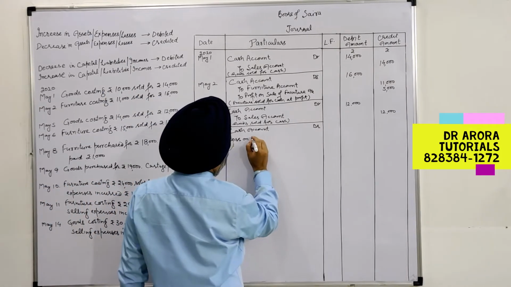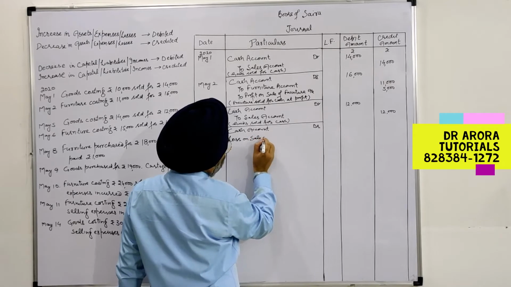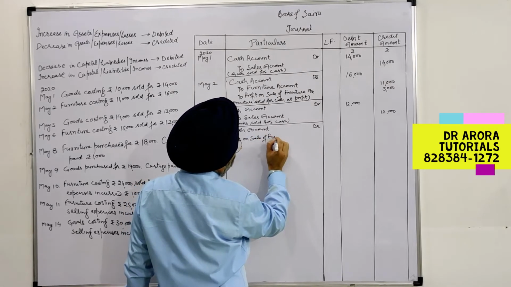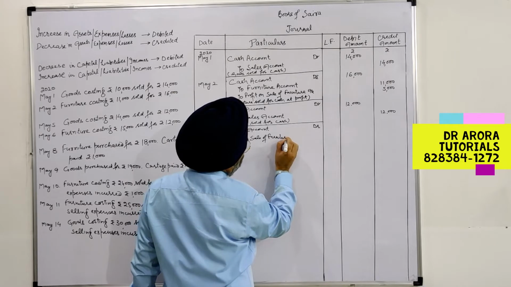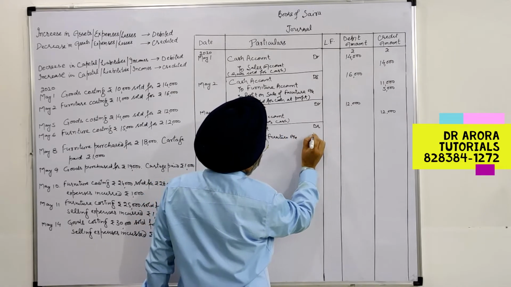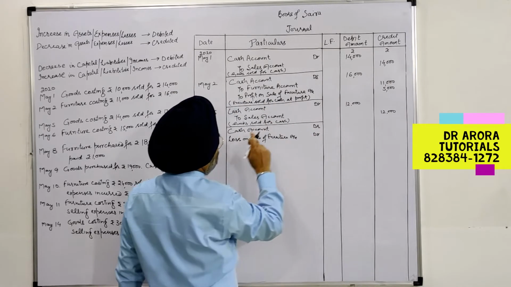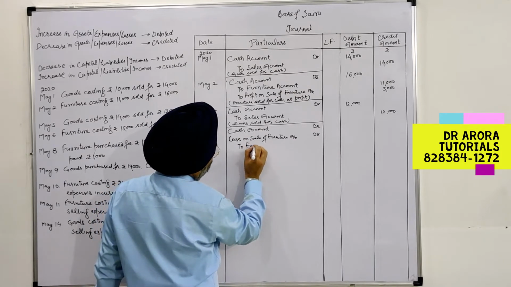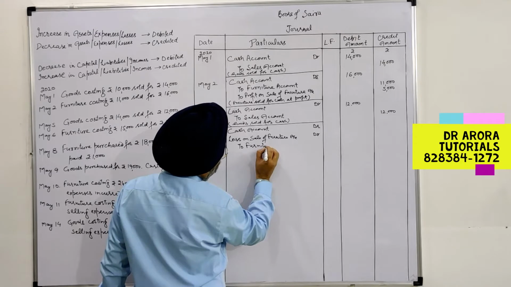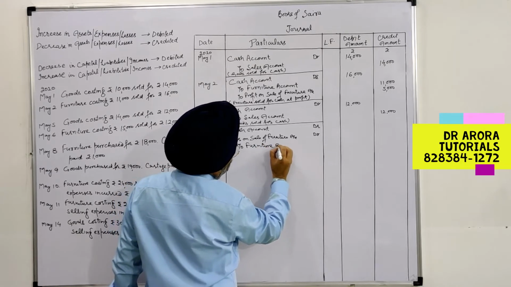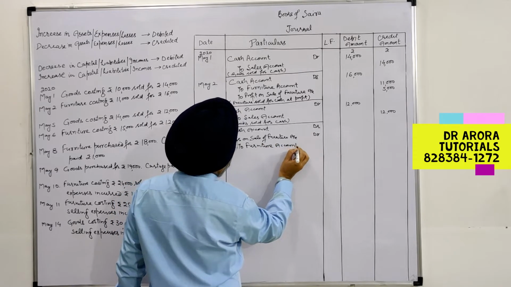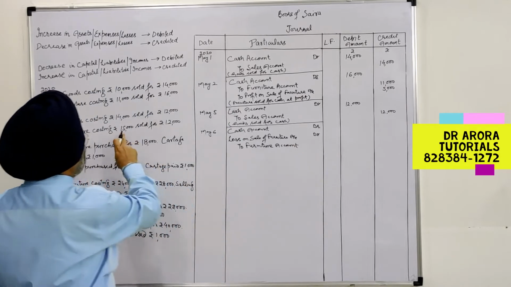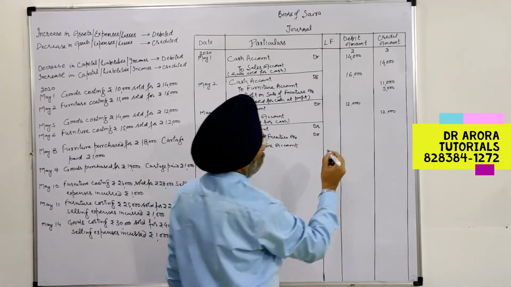Loss on sale of furniture account. So when there is a profit, that will be credited. If there is a loss, that will be debited. And credit what goes out, or decrease in asset. Decrease in asset is to be credited. So furniture costing 15,000 was sold for 12,000.